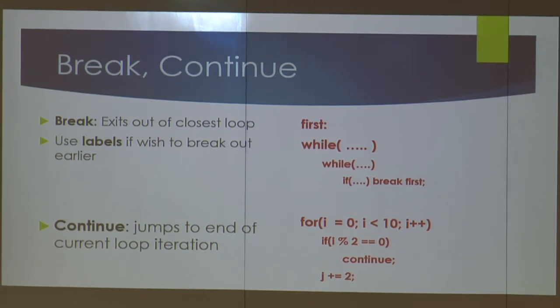On the bottom right, if i mod 2 equals 0, which means it's even, then we just continue, so we don't execute any code. But if it was odd, it would skip that condition and execute the line j plus equals 2, and then continue on with the next iteration of the loop.